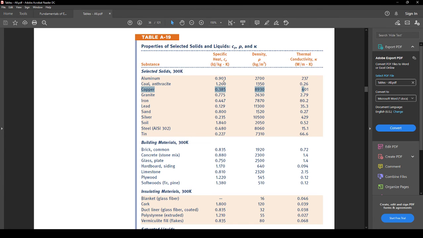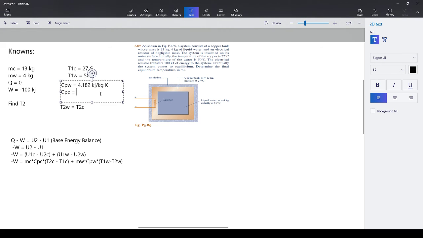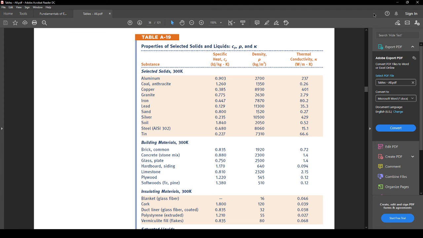But anyway, whatever. 0.385 kilojoules per kilogram Kelvin is our one for that as well. So let's go ahead and bring that in as well. So 0.385, I think, is what it was. I have a tendency to gloss over that, but let me go back and be sure. 0.385. So this right here is where we get our specific heats.